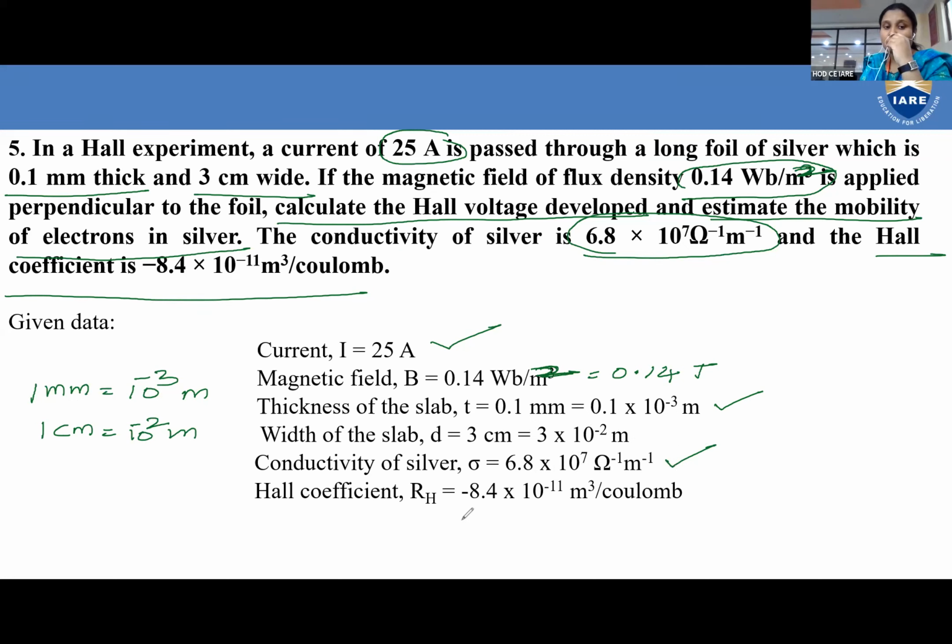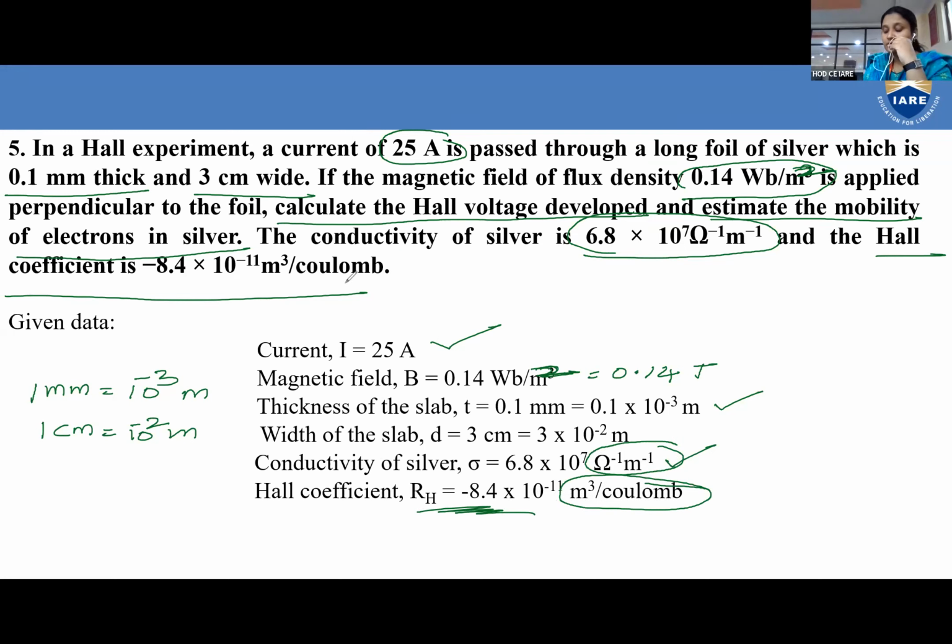The Hall coefficient is minus 8.4 into 10 power of minus 11 meter cube per coulomb. You people have to remember these units, units are very important. The unit of Hall coefficient is meter cube per coulomb, and conductivity is ohm inverse meter inverse. So this is the data given.